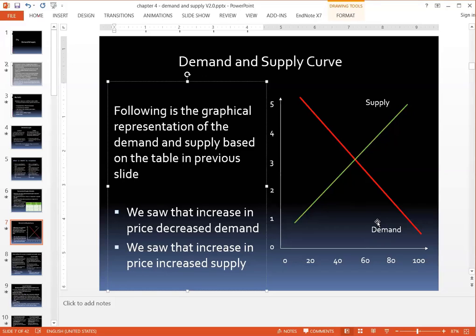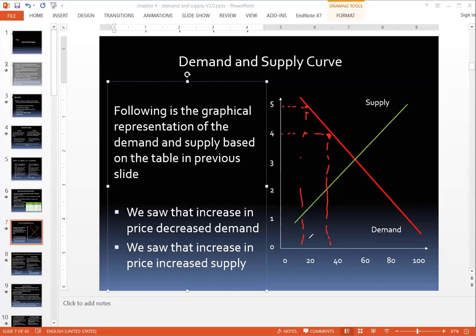We have already discussed negative slope graphs previously. So what does a negative slope graph tell us? It shows that whenever the prices are increasing, say from 4 to 5, there is a decrease in demand.